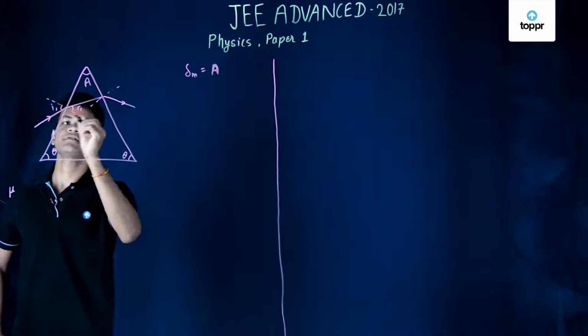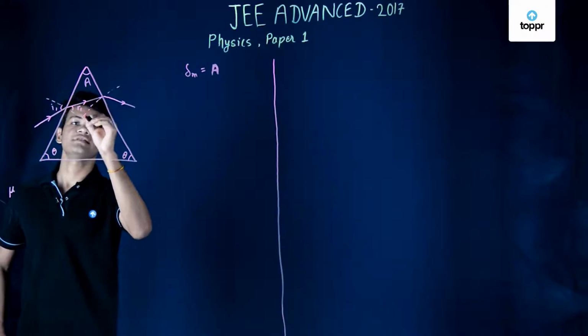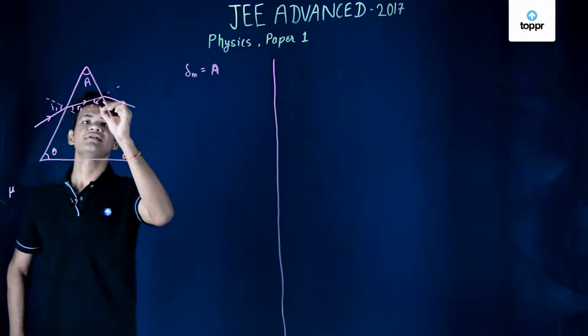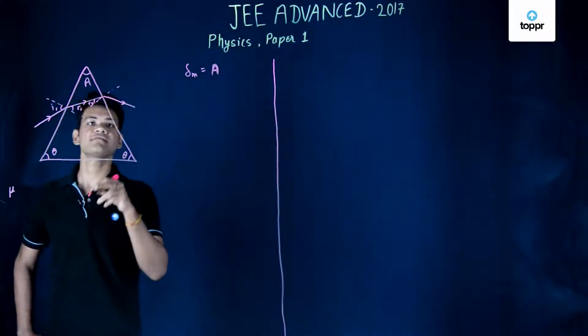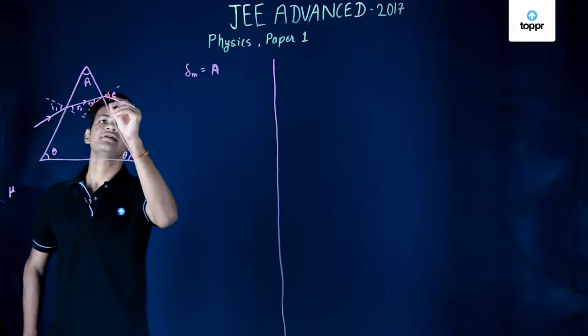This is the incident ray, this is the first refracted ray, this is angle R1, the first refracted angle, this is angle R2, the second incident angle, and this is E, the emergent angle.